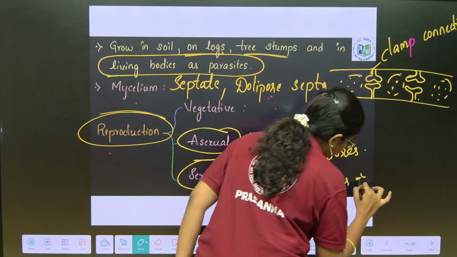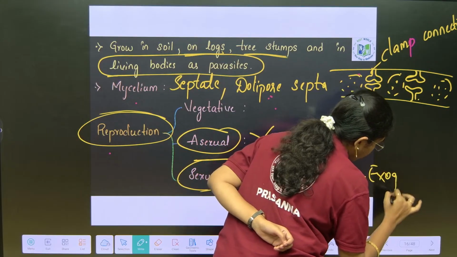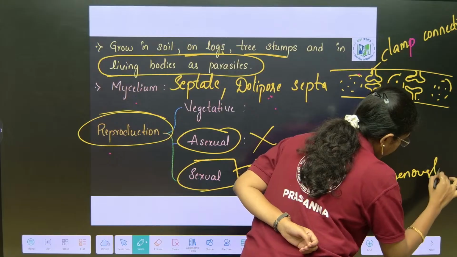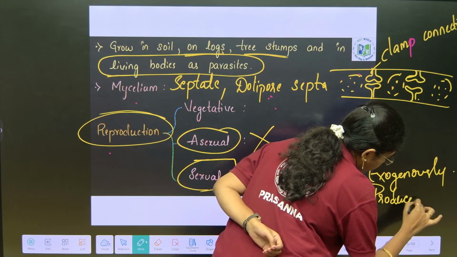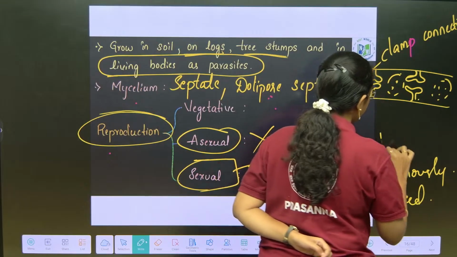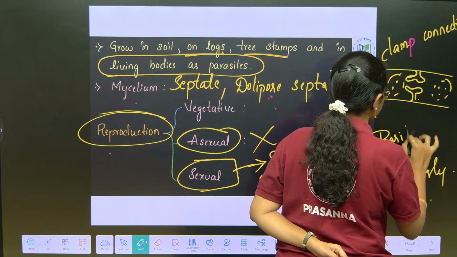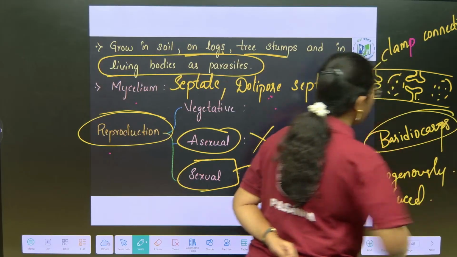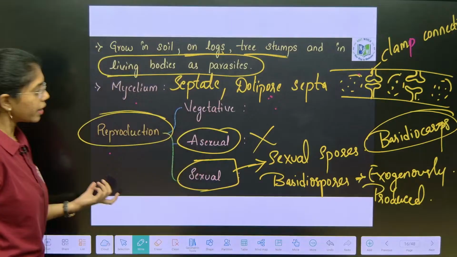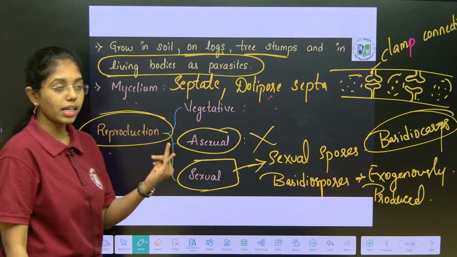Basidiospores are exogenously produced from fruiting bodies. Those are basidiocarps. Clear, right? Reproduction: vegetative, asexual and sexual.